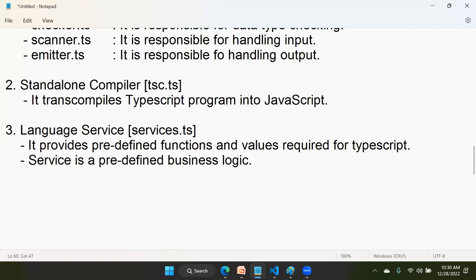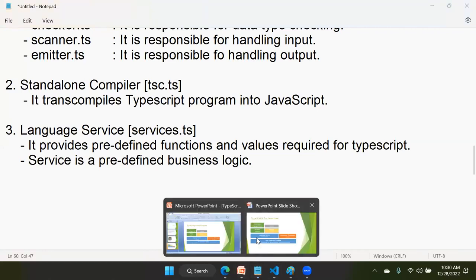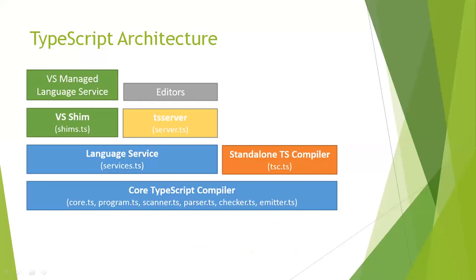The core compiler checks all the problems in your code. What is the standalone compiler? Translating the TypeScript code into JavaScript. And the language service provides all the functions and values required for your TypeScript. That is the third one. Next important, in TypeScript, there is a TS server.